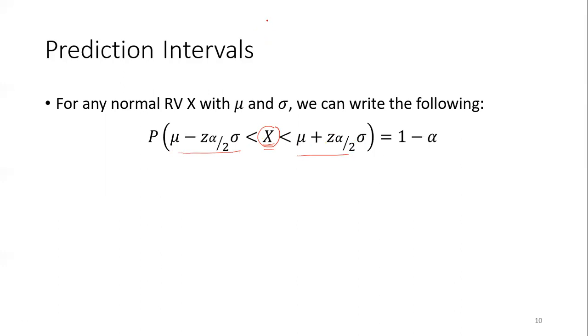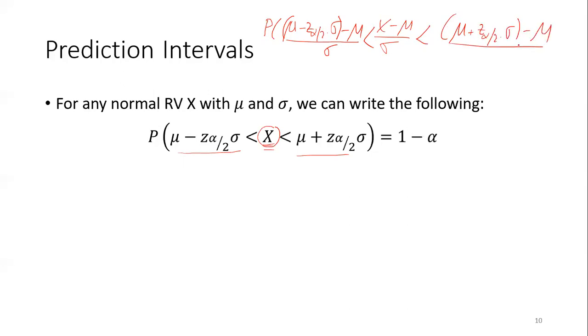How? When you're trying to find the probability for a normal distribution, just convert it to the standard normal. So write x minus mu divided by sigma. Here I write mu minus z alpha over 2 times sigma, minus mu, divided by sigma, smaller than this, smaller than mu plus z alpha over 2 times sigma minus mu, divided by sigma.